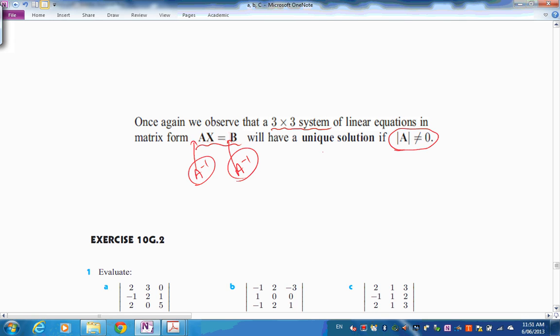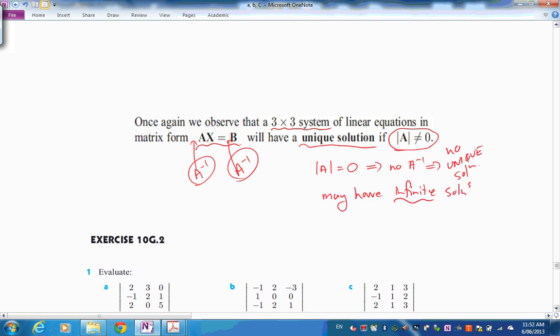And if you cannot find an inverse, it will not have a unique solution. Just remember, if the determinant of the matrix is 0, it implies no inverse, which implies no unique solution, but not no solutions. No unique solution may still have infinite solutions. Infinite solutions are still possible. May have infinite solutions. All right.